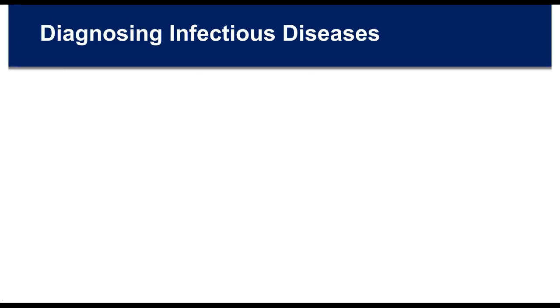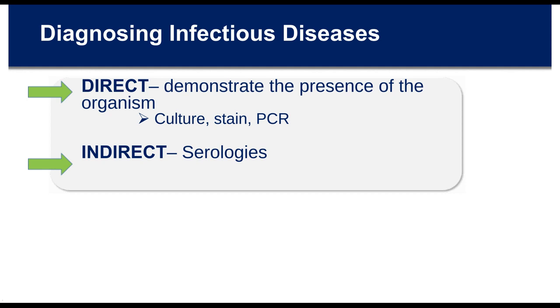So how do we diagnose infectious diseases in general? This is a generalization, and infectious diseases are diagnosed in essence two different ways. Show me the germ or show me the immune response to that germ. How do we directly demonstrate the germ? Well, as you can see on this slide, historically we have used culture, stains.